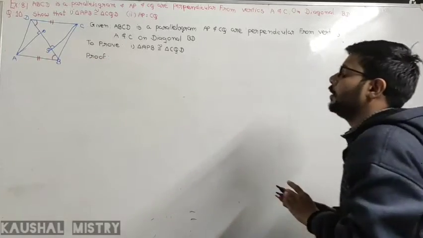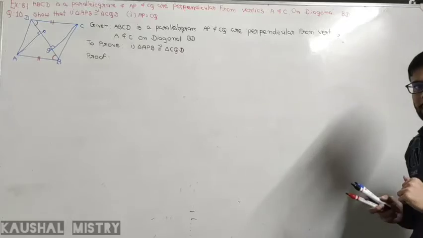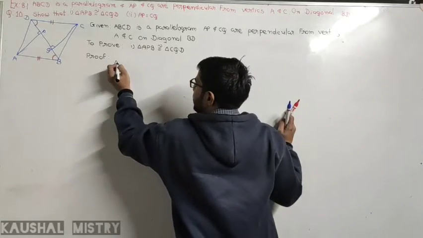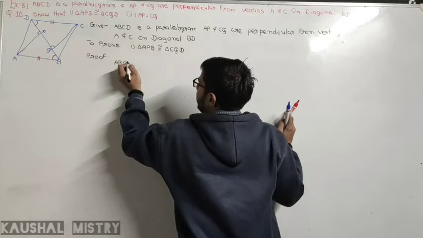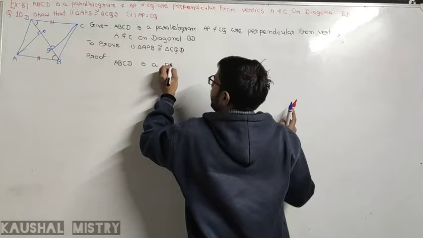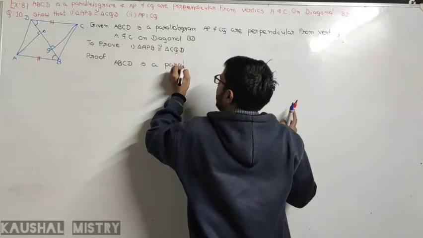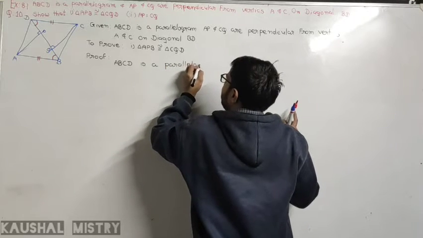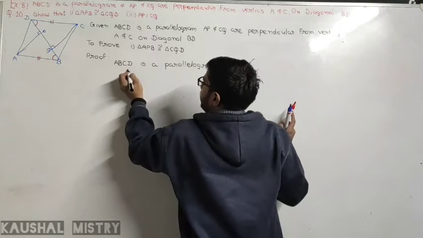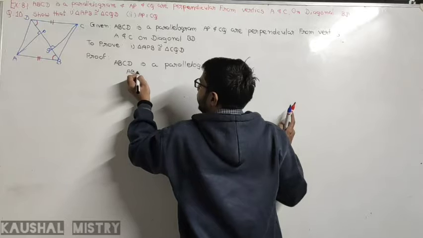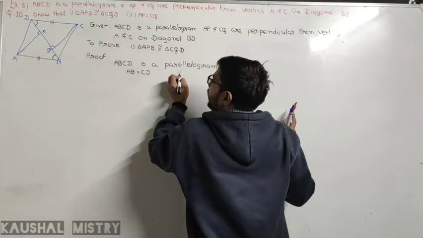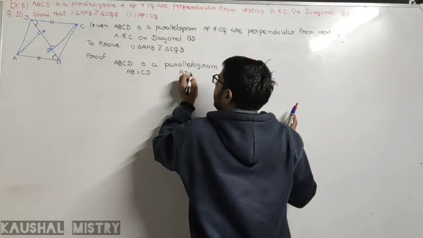Now we know that ABCD is a parallelogram, that means opposite sides are equal. That means AB is equal to CD and AD is equal to BC.